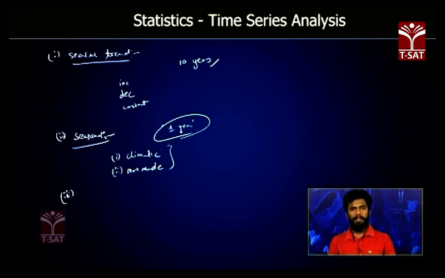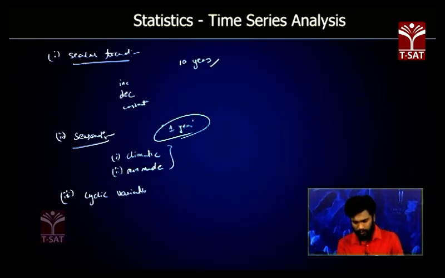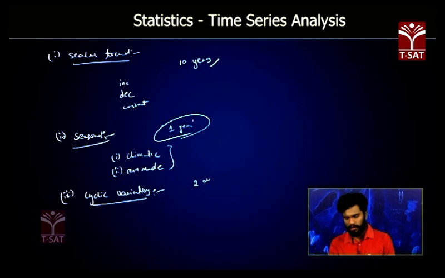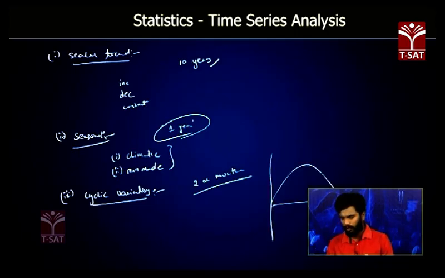The third factor is cyclic variations. The cyclic variation usually considers a time period of 2 or more than 2 years. In the cyclic variations there is a graph like this.